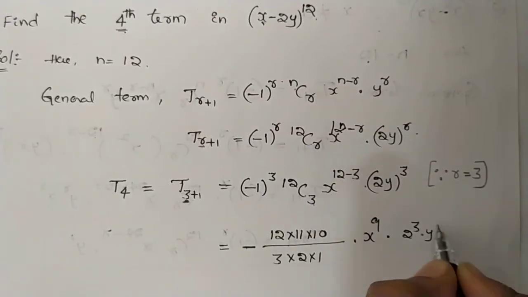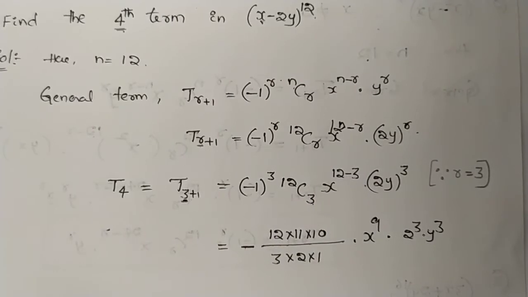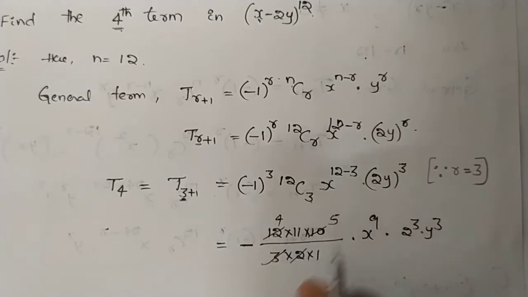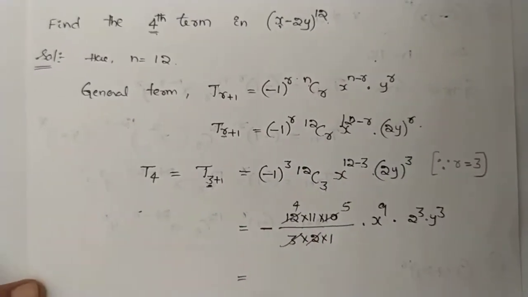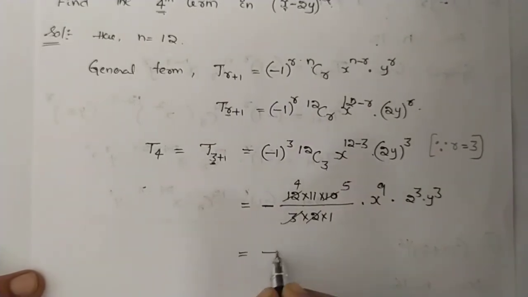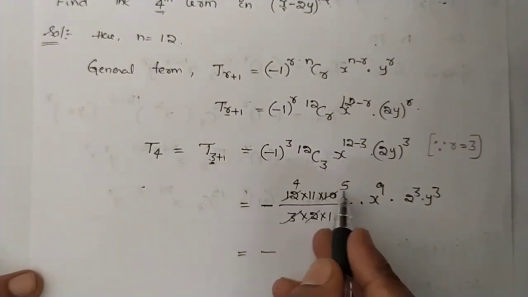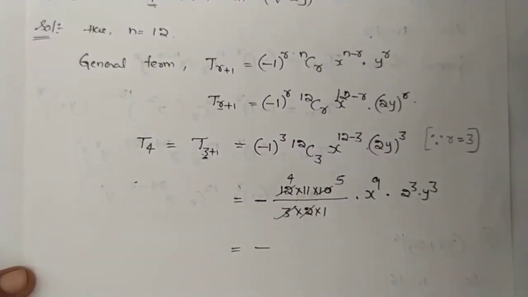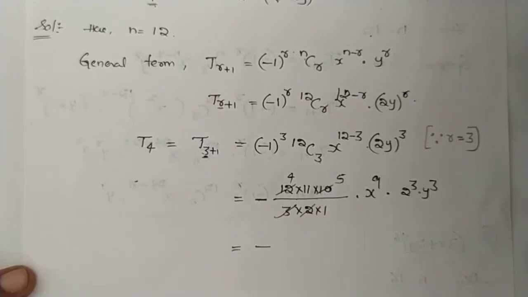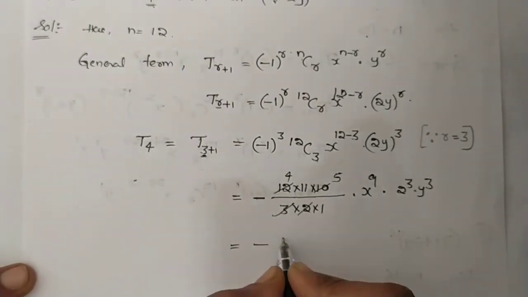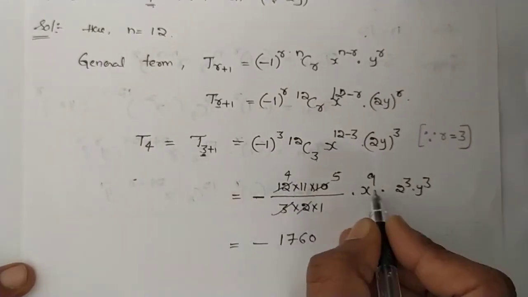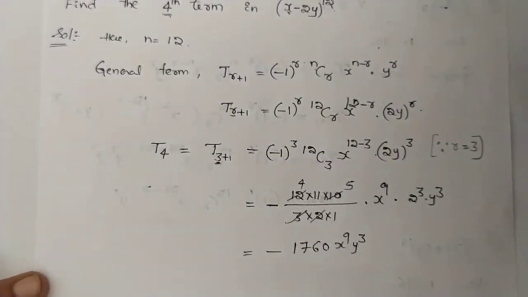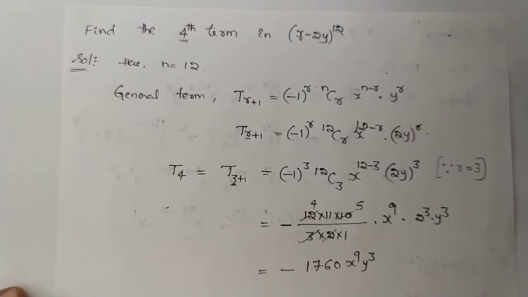Simplifying, minus 4 into 11 is 44, 44 into 5, into 2 cube which is 8. Finally, the value is minus 1760 x power 9 y cube. It is the solution, the fourth term of the given expansion.